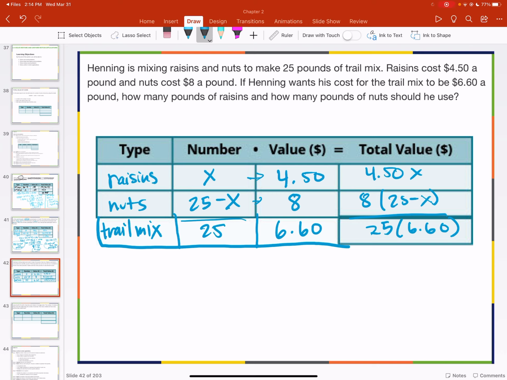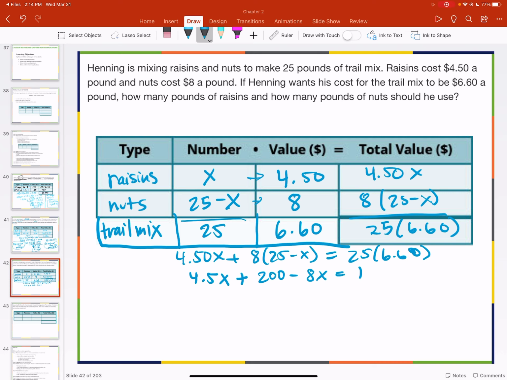So your equation would read 4.50X plus 8 times 25 minus X equals, and then 25 times 6.60, whatever that is. Okay, so let's go ahead and do the calculations. So you would get 4.5X plus 200 minus 8X is equal to 165.